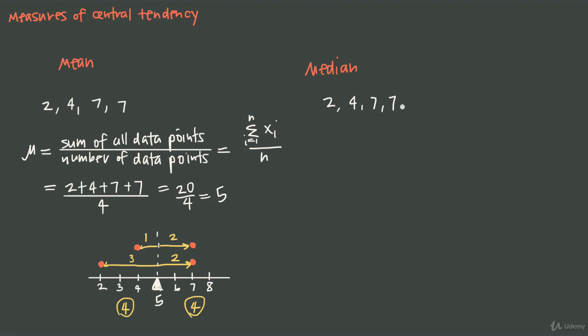Once we have it in that form, then all we're doing to find the median is looking for the middle number. So in this case, we would cross out the first number on the left, cross out the first number on the right, and we would keep going until we find the center. Now here, once we cross out those two numbers, we're just left with these two numbers here. If you get to a point where you only have 2 numbers left in the middle, then you want to find the mean of these 2 numbers in order to get the median.